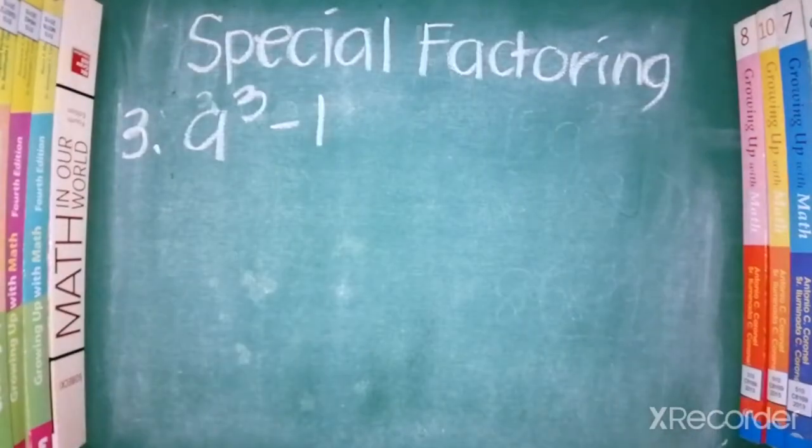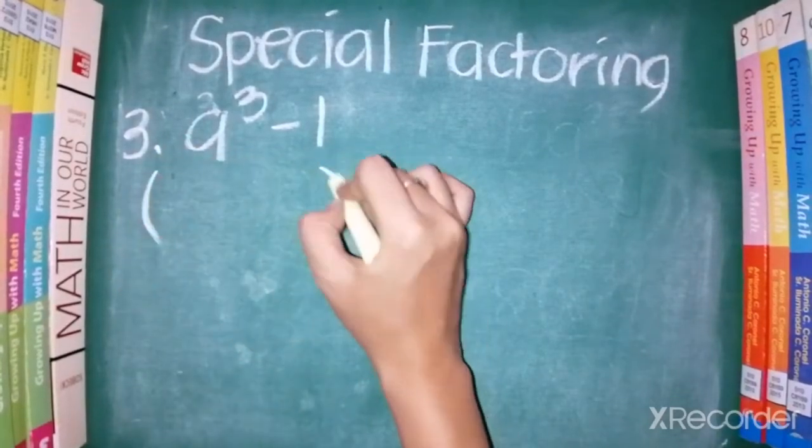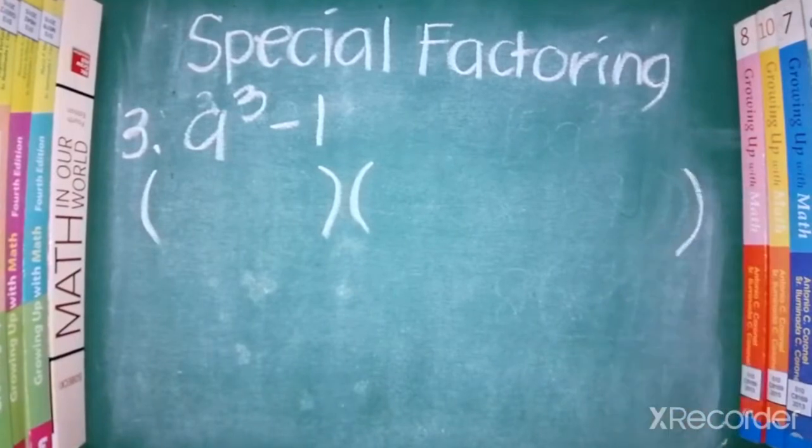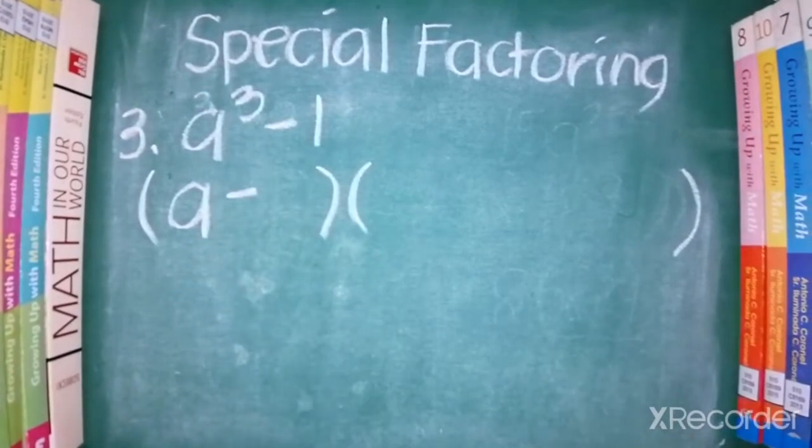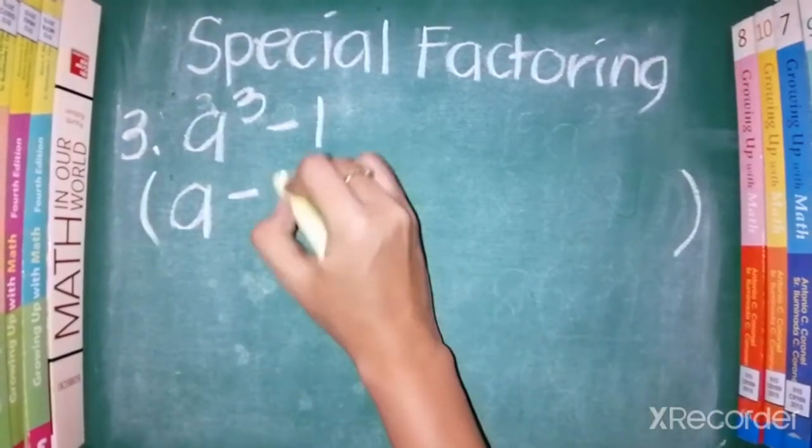We will have our third example. We have there a³ − 1. So that is the difference of two cubes. So the same as what we did in the sum of two cubes, we are also going to have the two parentheses. So the cube root of a³, that is a, and then copy, and then the cube root of 1, that is 1.